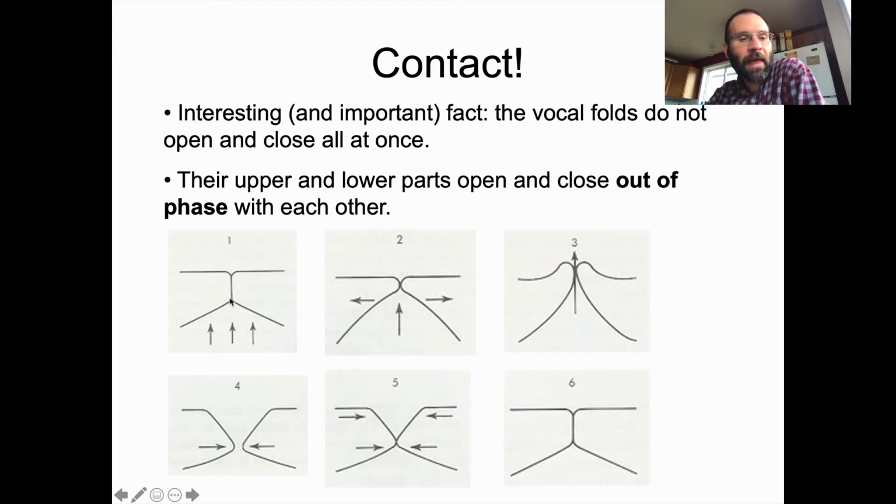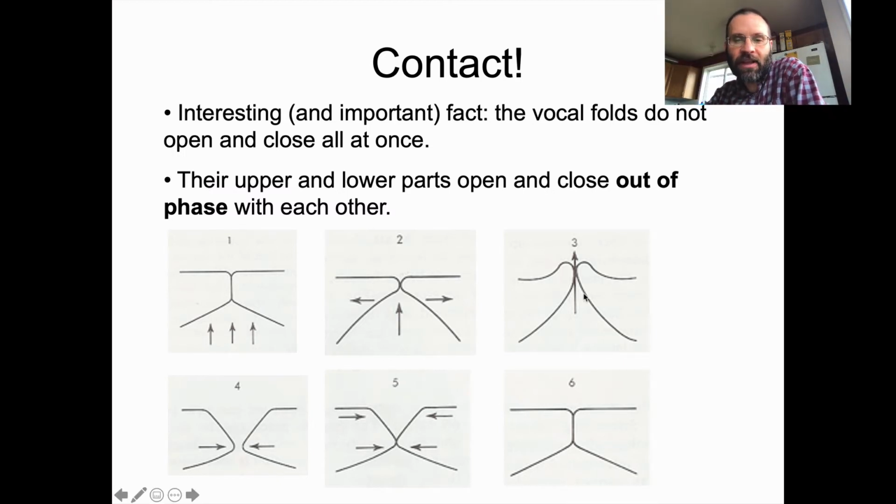But you can think about that in terms of the lower parts of the vocal folds going through this cycle slightly earlier than the top parts. So these open earlier than the top parts, and they close earlier than the top parts. So that's what I mean by out of phase. They're both going through the same cycle, but just slightly offset from each other in time.